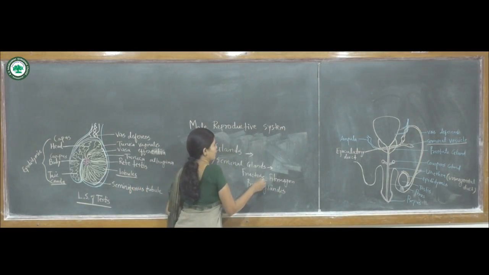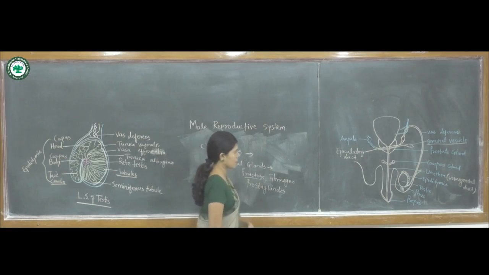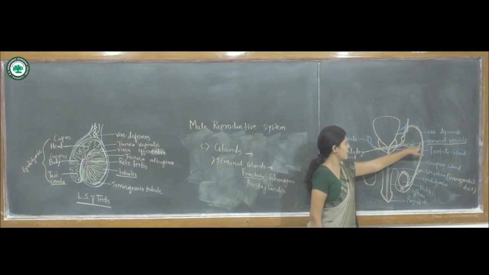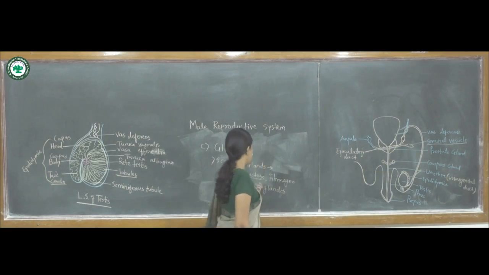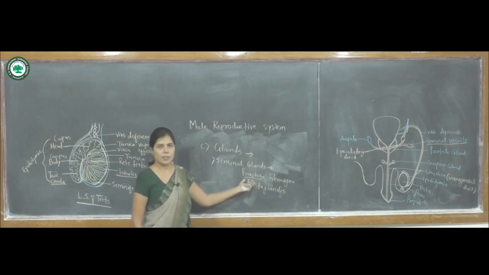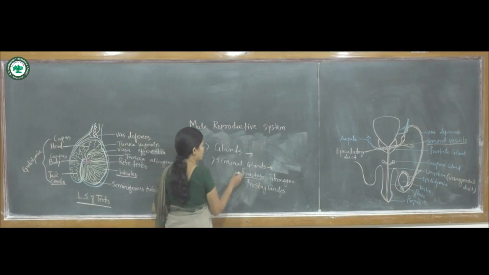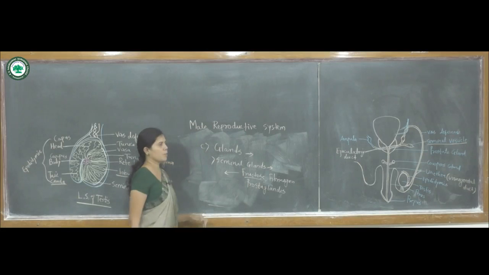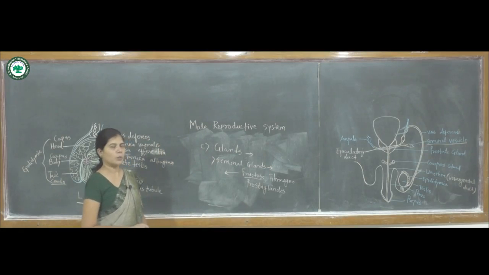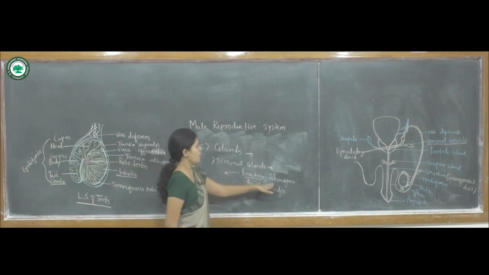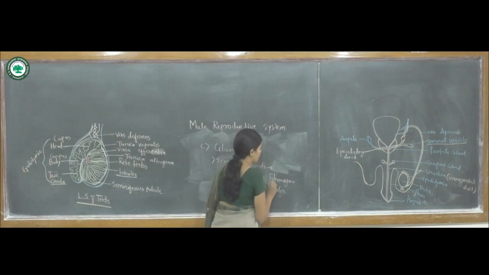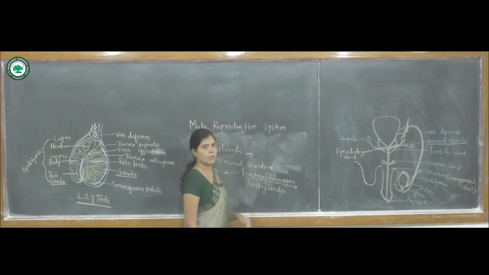The function of fructose, which is secreted from the seminal vesicle, is to give energy to the motility of sperm, or we can say to the transfer of sperm. Fibrinogen helps in the coagulation of semen.